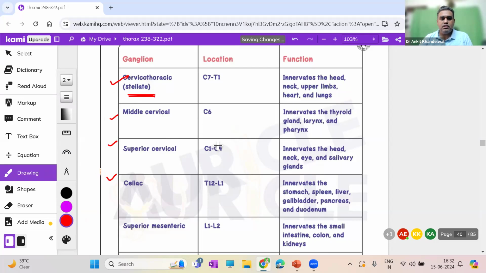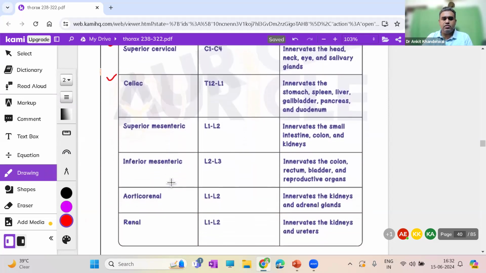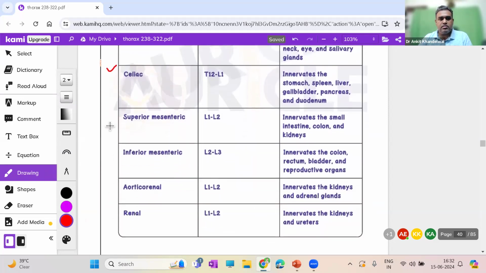So these are all the important ganglia, and below you have what we can say are the splanchnic ganglia, or you can also call them the prevertebral ganglia. So they are mesenteric. You can understand the names: celiac, inferior and superior mesenteric. What are they innervating? They should be innervating parts of the abdominal gut. Celiac artery branches, so they are innervating all of this.